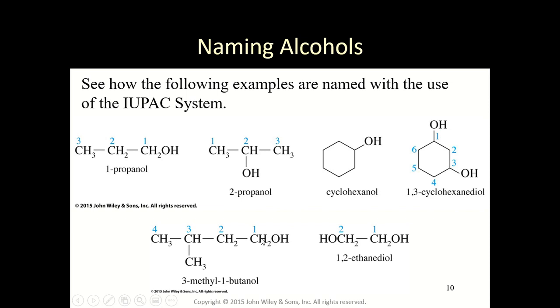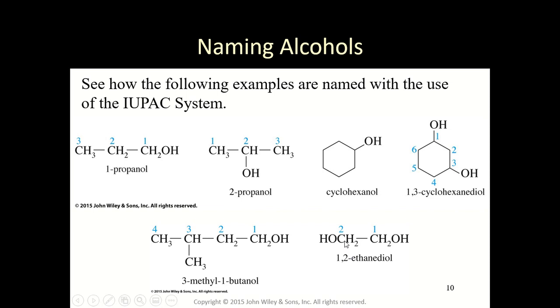Well, you always start numbering from the big banana here. Which is the biggest here? Well, I have an alcohol group here, but I have a methyl group here. The alcohol group will trump the methyl group, so you start counting from here. 1, 2, 3, 4. So it'll be 3-methyl-1-butanol.